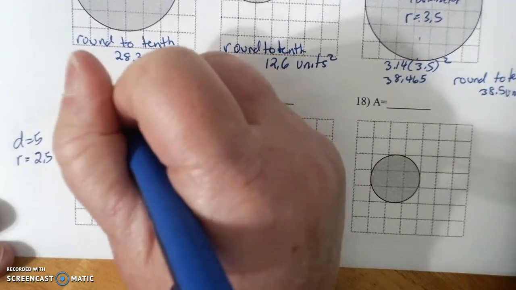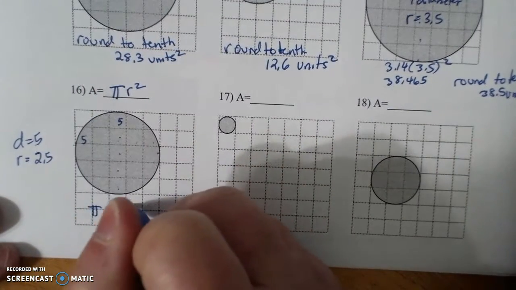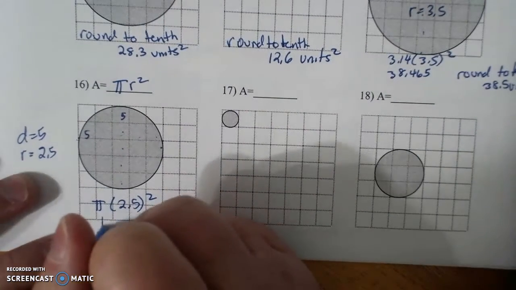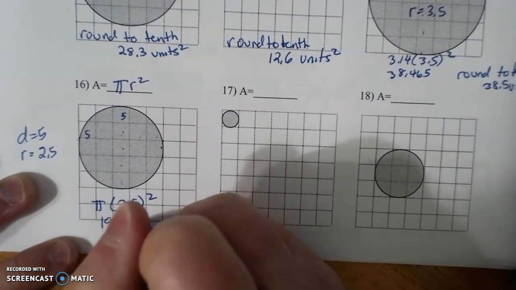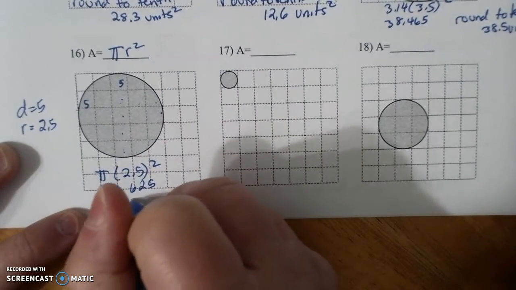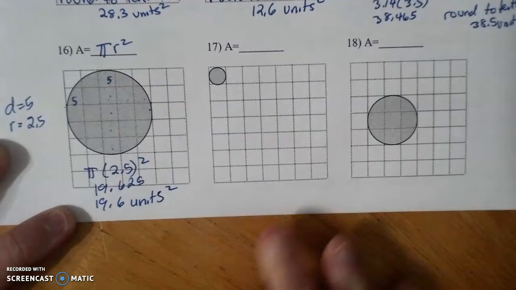So this is pi r squared, which is pi times 2.5 squared, which is 19.625, round to the nearest tenth, 19.6 units squared.